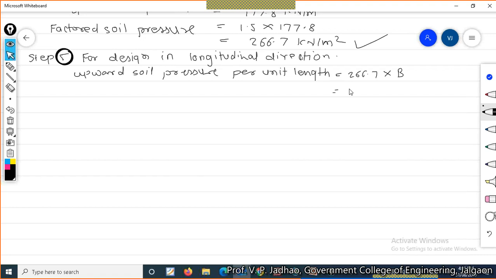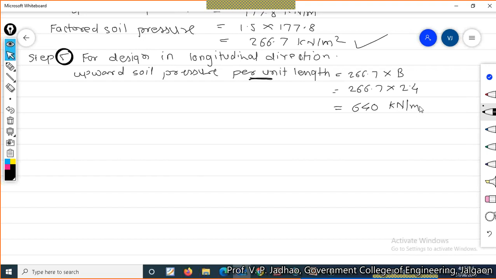So this will be equal to 266.7 multiplied by, we have width of footing equal to 2.4 meters. So we'll get this upward soil pressure per unit length. How much is it? It will be equal to 640.08. But we'll consider this as 640 kilonewton per meter.